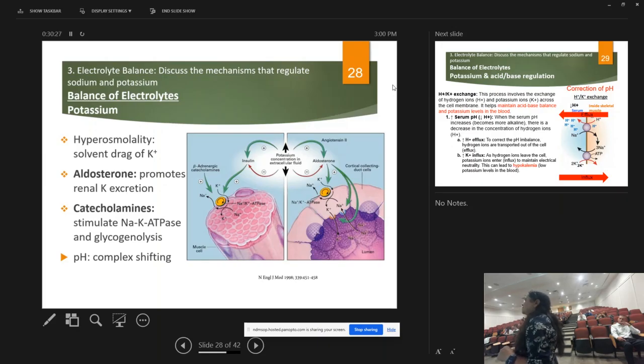By these two different mechanisms, you are dragging the potassium. But when you are doing this, you're shifting your pH. We'll talk about that in a minute, but hold this thought: by dragging the potassium into the cells, you are also shifting the pH. So let's see how.